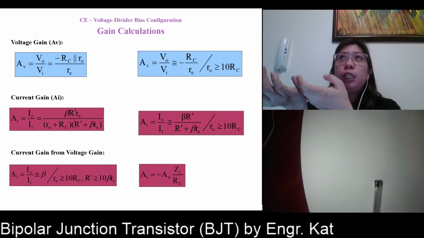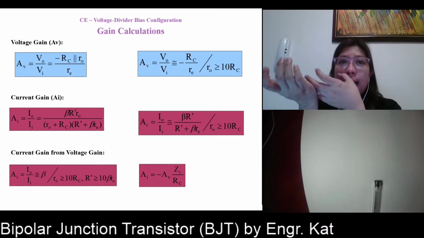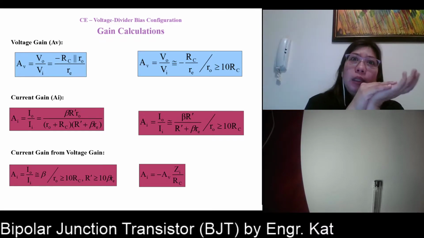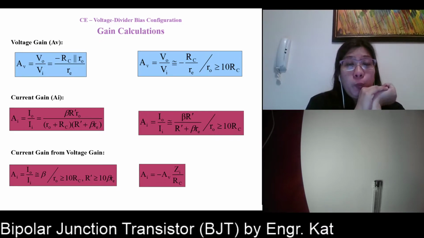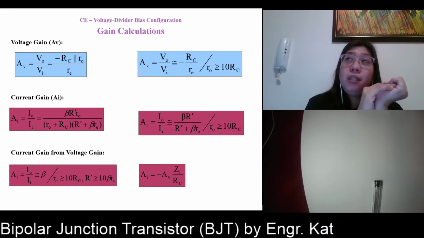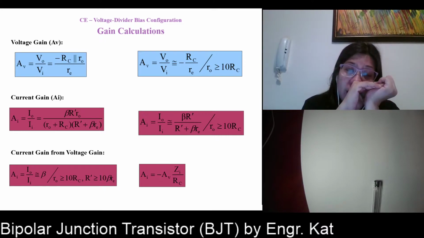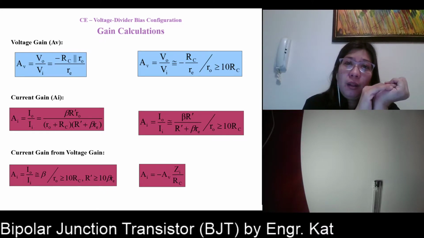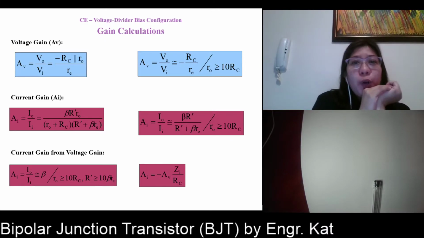How much the voltage divider can amplify is the same amplification that the fixed bias can do. So the difference really lies in the DC analysis, because there, your fixed bias is not stable. We do not want an unstable circuit for your amplifier.